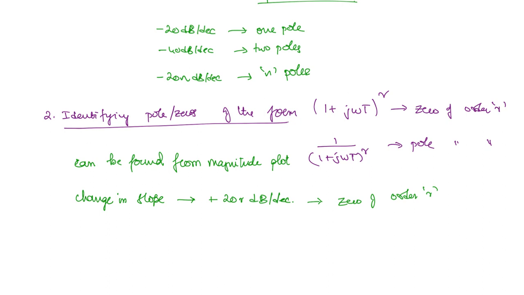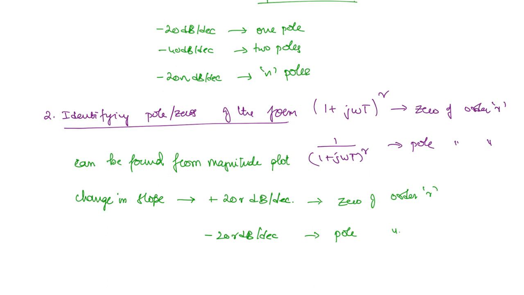If the change is minus 20r dB per decade, then it will be a pole of order r. As simple as that.